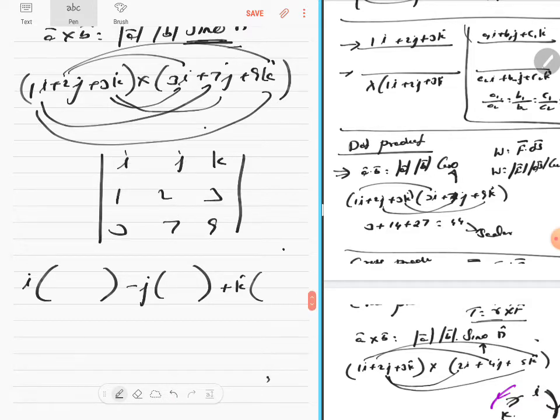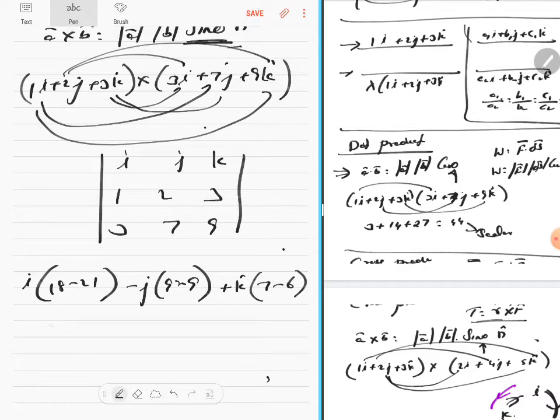For minus j, ignore the column and row in which j is, top to bottom is 9 minus 9, which turns out to be 0. And plus k into, ignore the column in which k is, 7 minus 6, which is just 1.